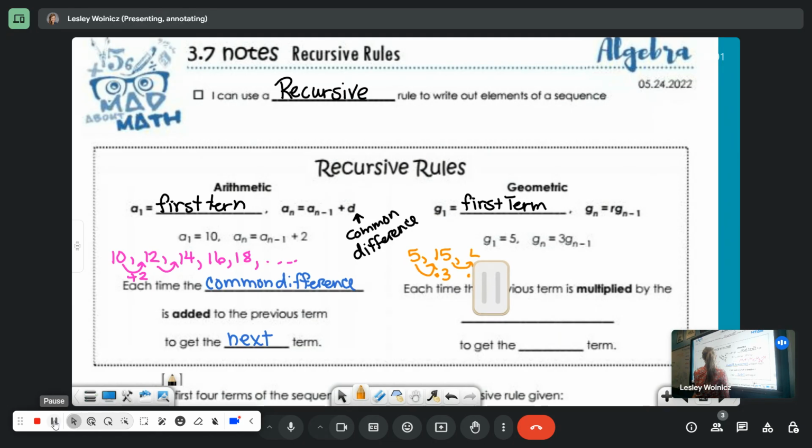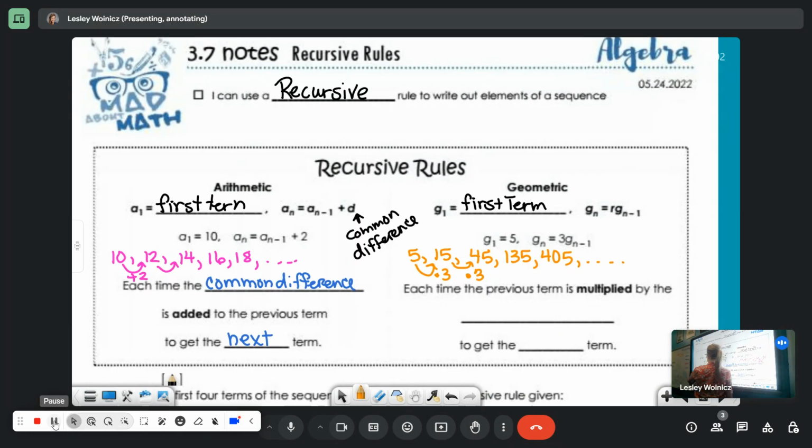Oops, I wrote 4 because I was thinking about 45. Yep, 135. And then times 3 again. What is it? 405. Okay, and obviously we could just keep going until they tell us to stop. That's it. Easy.